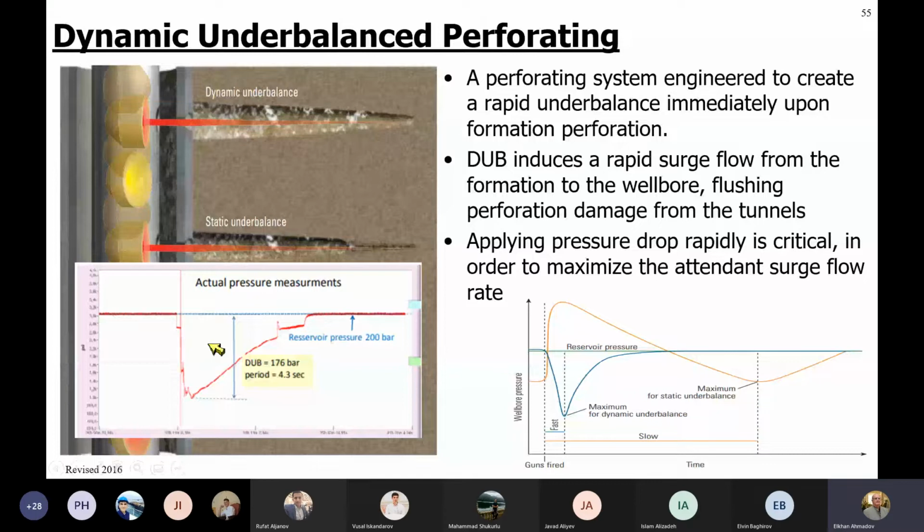The duration is just on the order of 5 seconds. And during these 5 seconds, we get a very flash inflow from the reservoir into the wellbore through the perforation tunnels.